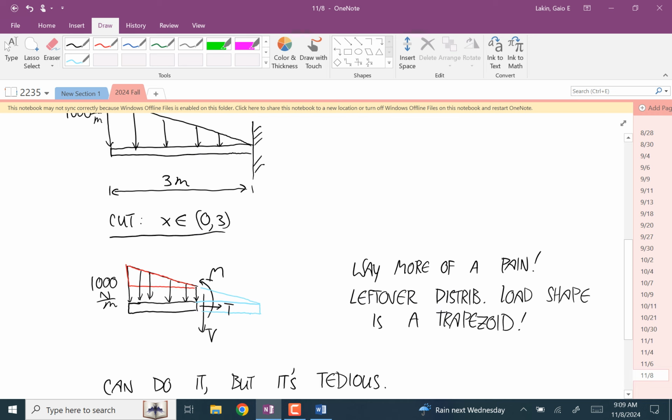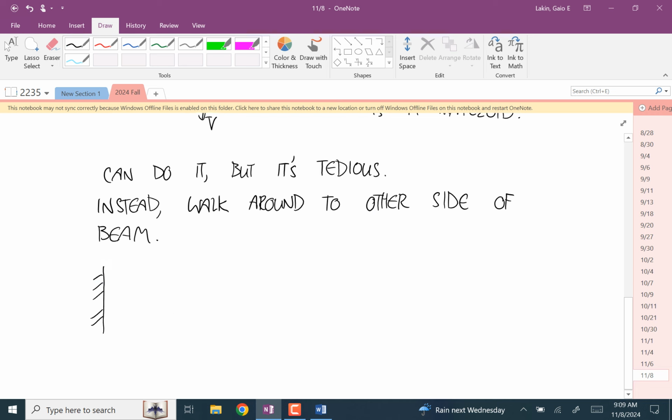Now you have the cantilever on the left, and your triangle is facing this way, so when you do your cuts, the distributed load is going to be a triangle.